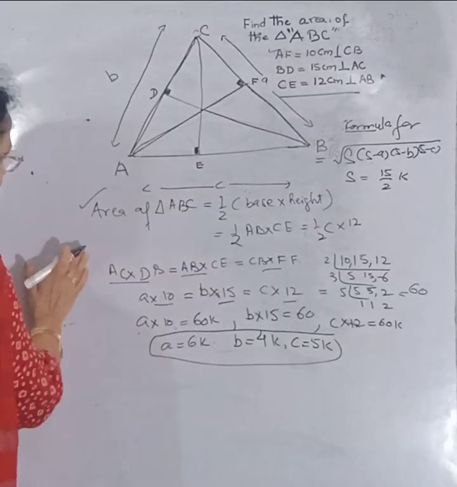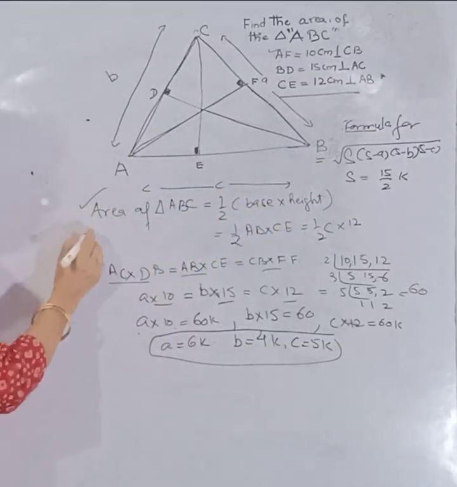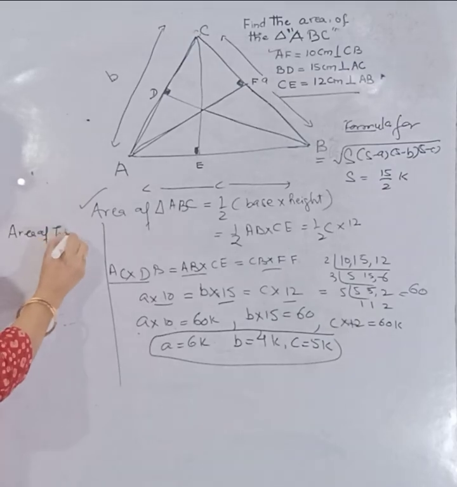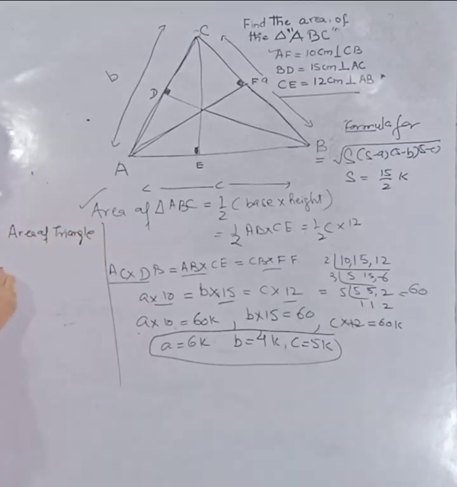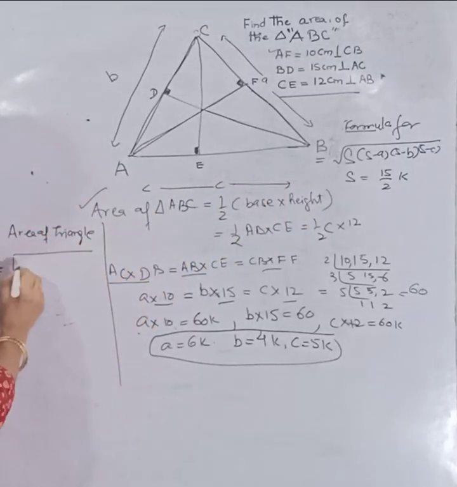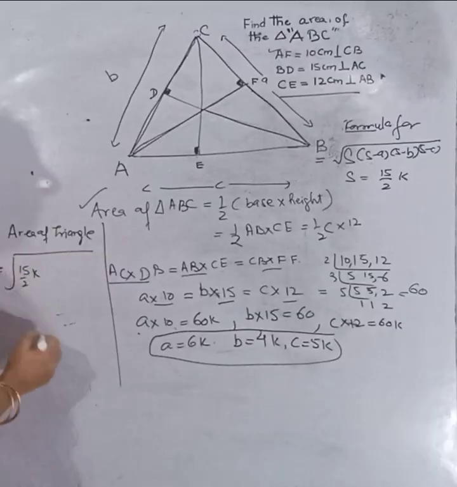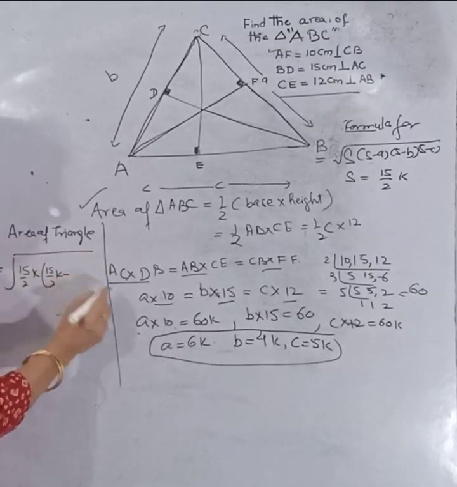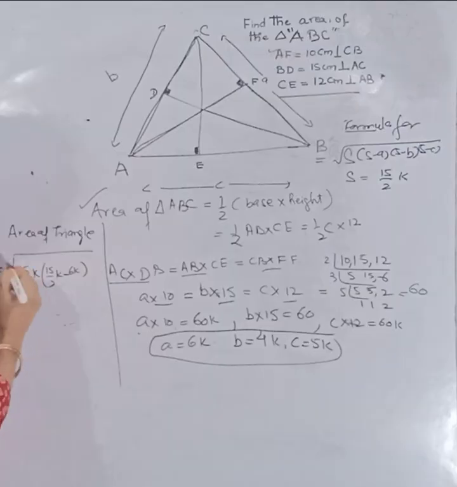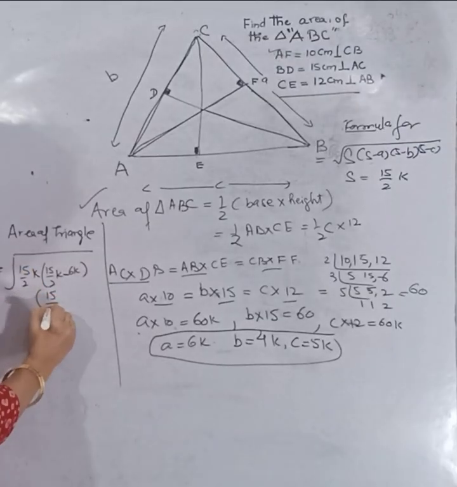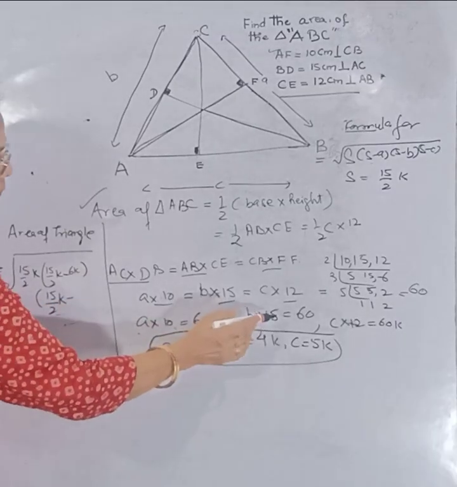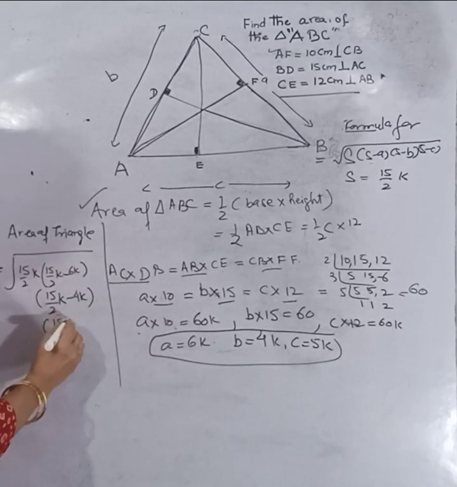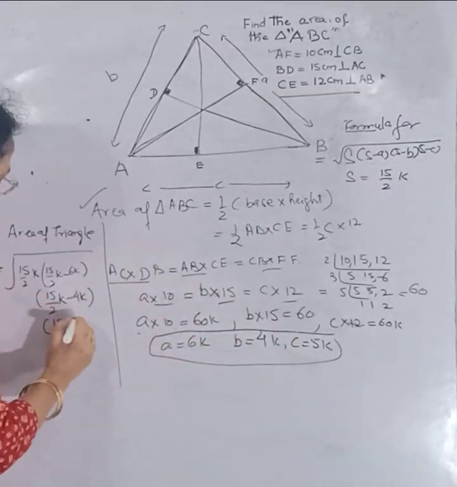Now I am using the formula over here because no space is there. The area of the triangle will be equal to the root of S, where S is equal to 15 by 2k, into S minus A, that is 15 by 2k minus A, A is equal to 6k, into S minus B, 15 by 2k minus B, B is equal to 4k, into S minus C, 15 by 2k minus C, C is equal to 5k.